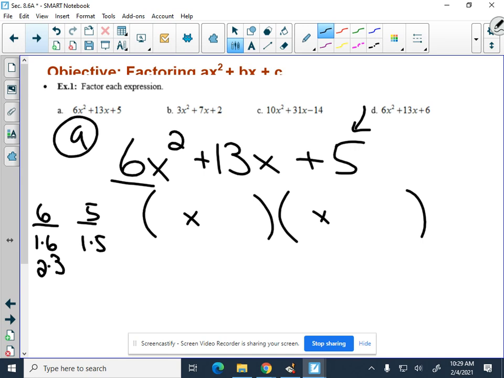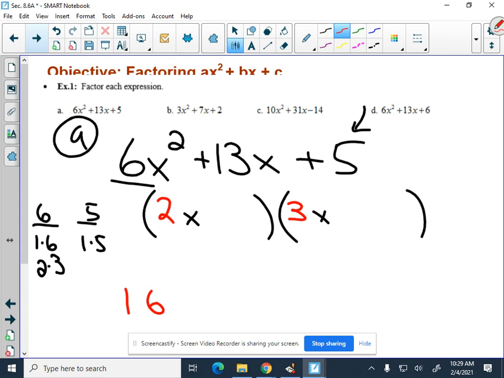Now, you have a choice. You could either, don't write this down, you could go 1x and 6x because that would get you 6x squared. Or you can go 2x and 3x.